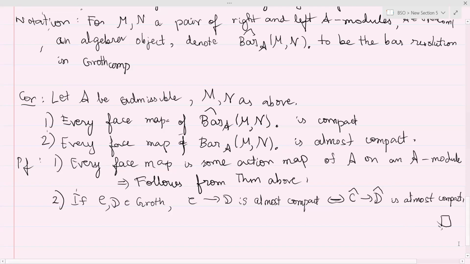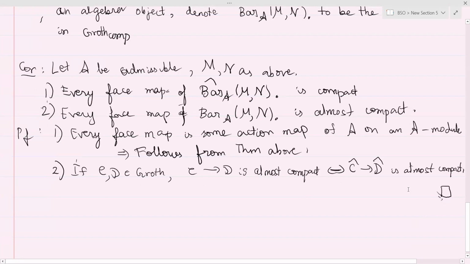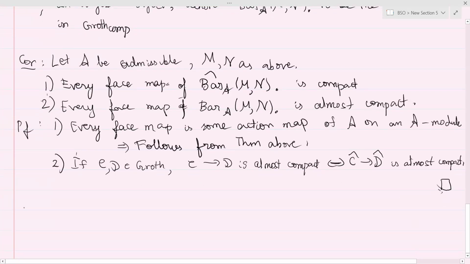So this corollary is quite nice because, as we will use quite often, almost compact maps are really nice when it comes to taking colimits, in the sense that if you take colimits along diagrams whose transition maps are almost compact, then such colimits exist in Groth. The first use of this will be to finally define a relative tensor product.